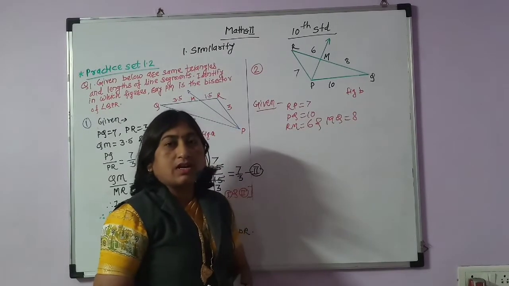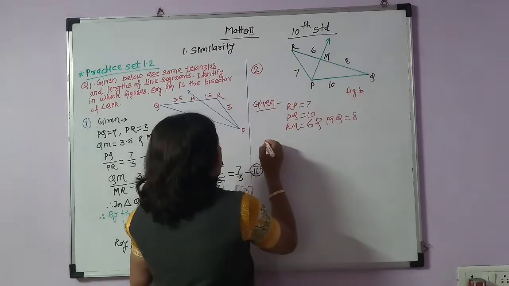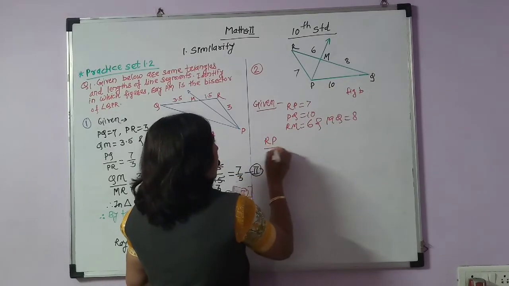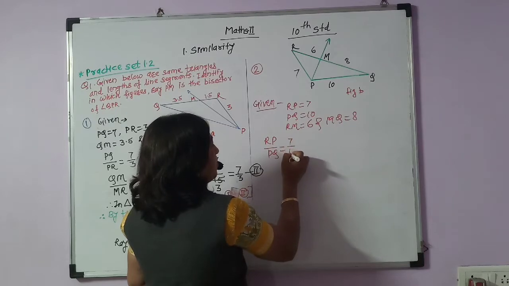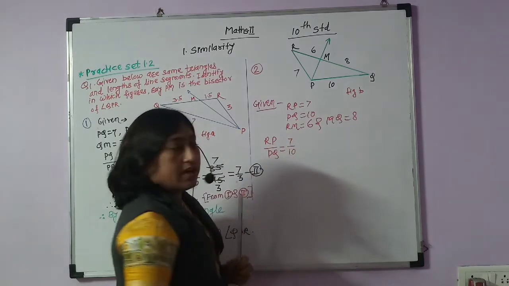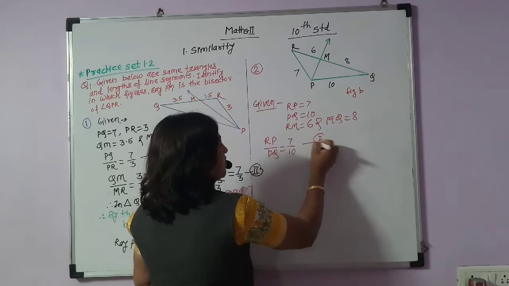We first of all find the value of RP upon PQ. RP upon PQ equal to 7 upon 10. This is equation number first.